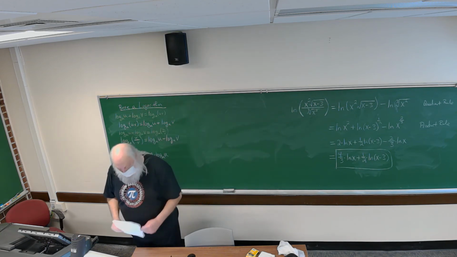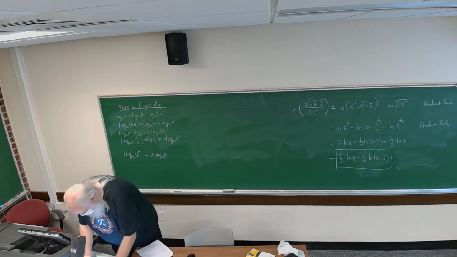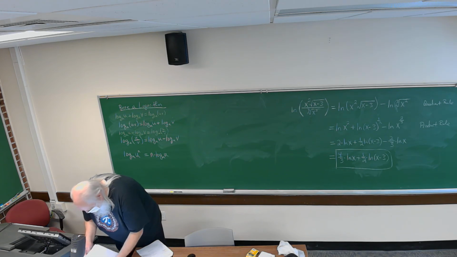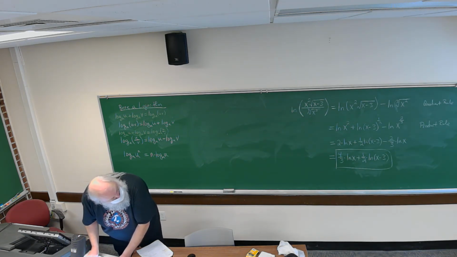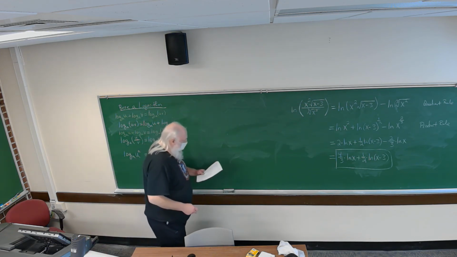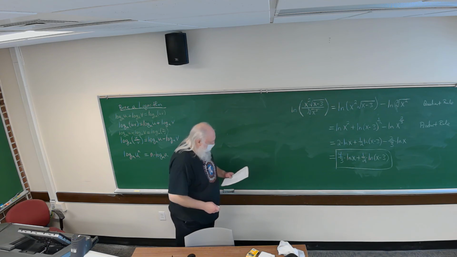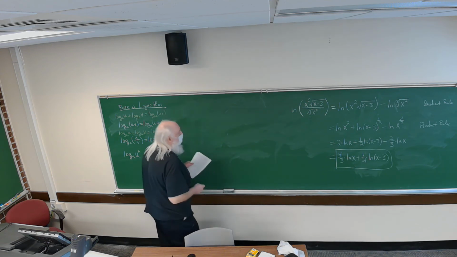So in example 9, on the next page, we have to find a logarithmic function f of x equals log base b of x such that the graph of f passes through the point 64, 3.